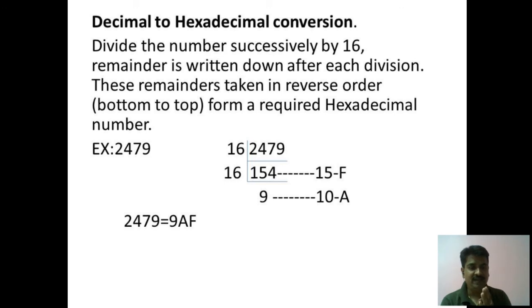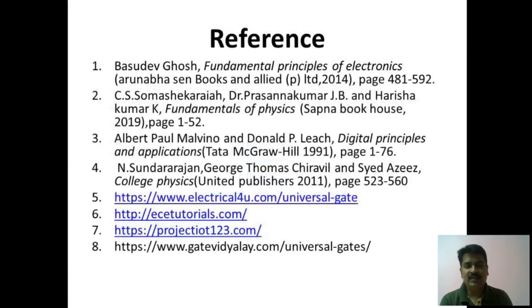Don't write 10. 10 is represented as A in the hexadecimal number system. Write it as A. Now we are left with 9, then A and then F. Be careful, you have to write it in reverse order. So 9AF will be the hexadecimal number equivalent to the given decimal number.